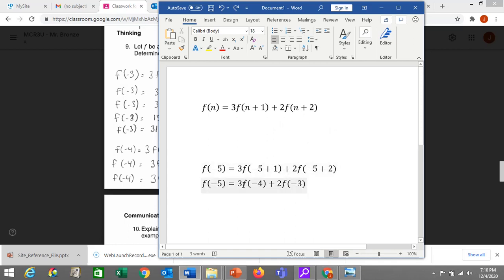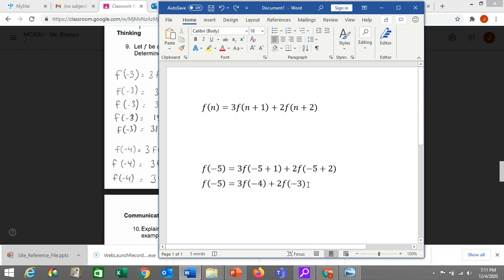That works if f at n is n squared, but we don't know what f at n is. We don't know if it's the square root, some kind of reciprocal, or what. We don't know what it is, so we can't do the calculation, which means we have no way of calculating f at negative 4, at least from here.